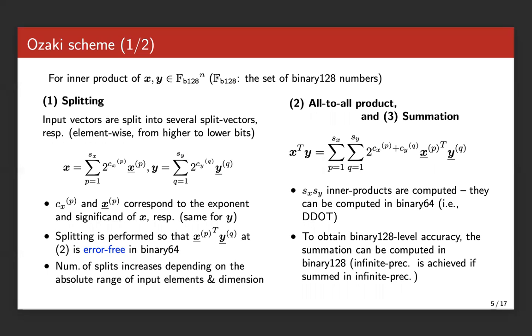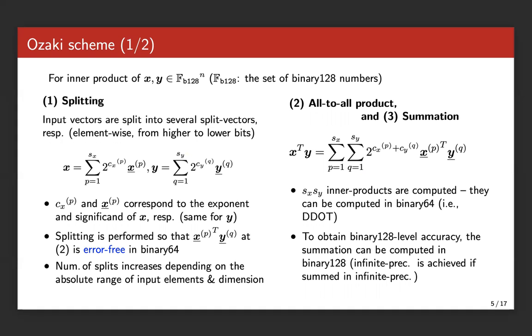Using the split vectors, the accurate inner product is computed as in the equation on the right. Here, the all-to-all product of the split vectors for x and y is computed. Those inner products can be computed using binary64 without rounding errors. In other words, they can be computed using the DDOT routine in BLAS.